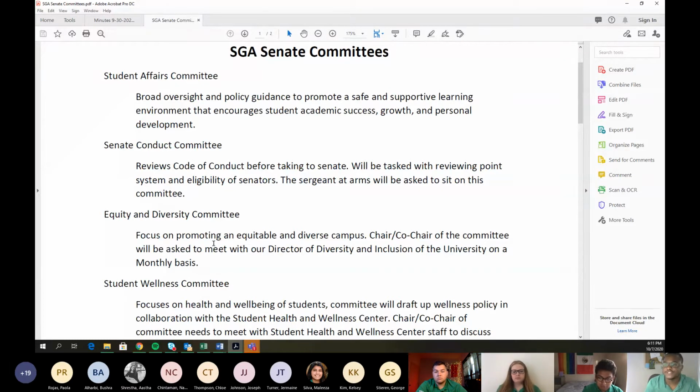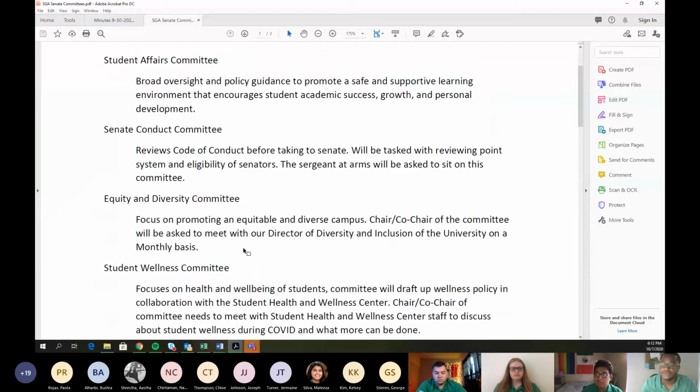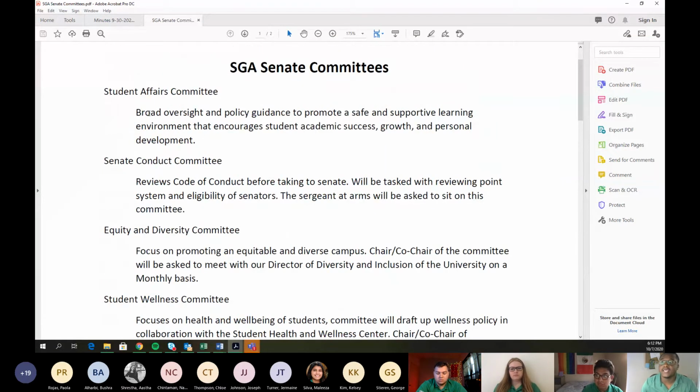Now for your student affairs, equity and diversity, and student wellness committees. These committees are going to focus within each of their missions: student academic success, growth, and personal development. So anything that revolves around legislation focusing on academic success, growth, or personal development.